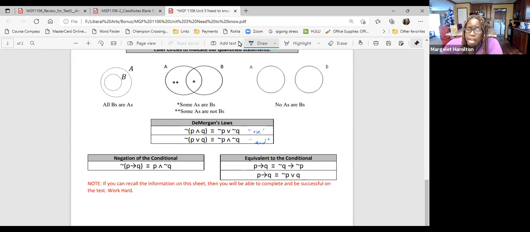We have our truth table for the conditional statement, our broken promise. Then we got all these other things about it. We got to negate it. When we negate the conditional statement, we have to remember that we have to leave P alone. And the big thing that we got to remember is that it negates to AND. It negates to AND.